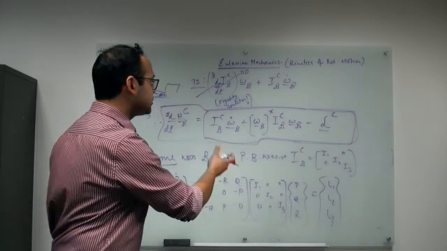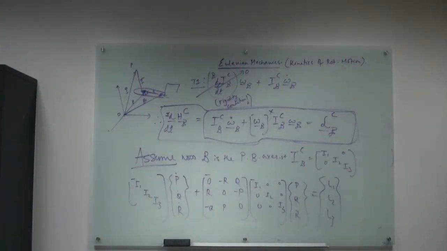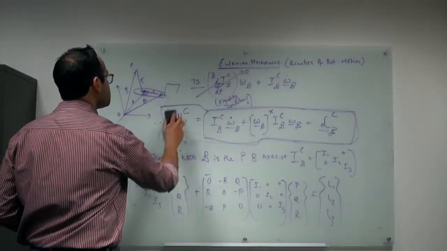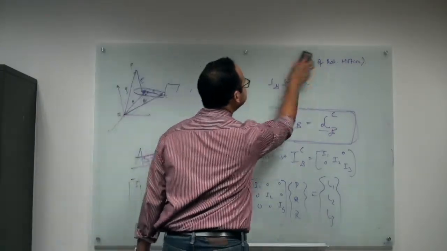The three moments, sorry, this is expressed in the B frame. So those are the components of the B frame, right? And so you can carry out this multiplication and get the three equations out of there.